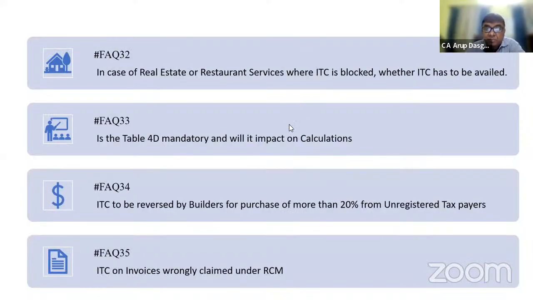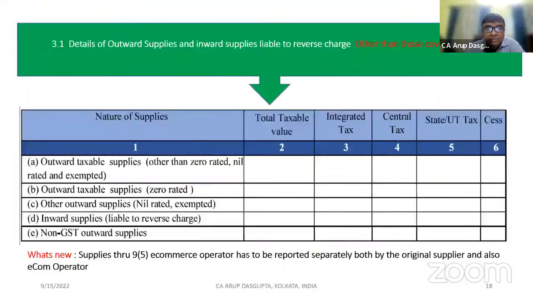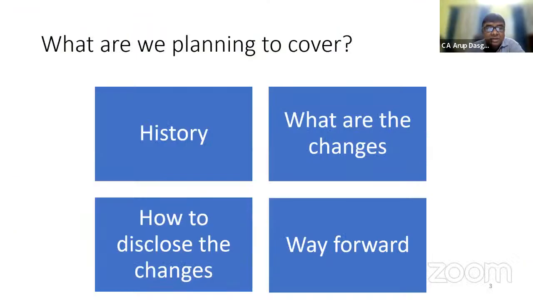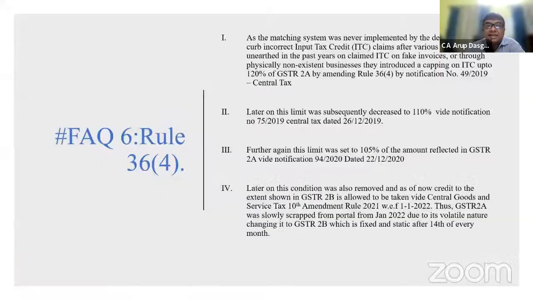But the only thing I request is this. Why have I come with this presentation, and why am I trying to give as many presentations as possible? The main reason is the changes that are there.